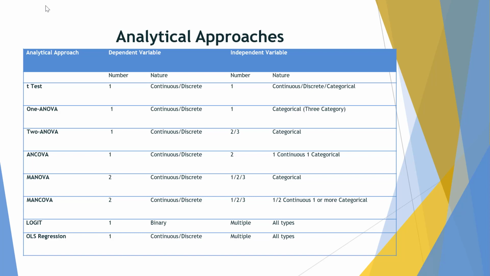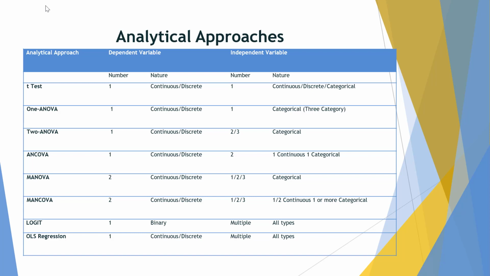Two-way ANOVA is when you have one dependent variable that is continuous or discrete, but you have two or three categorical independent variables. ANCOVA, you have one dependent variable that is continuous or discrete, then you have two independent variables. Of these two independent variables, one is continuous while the other one is categorical.